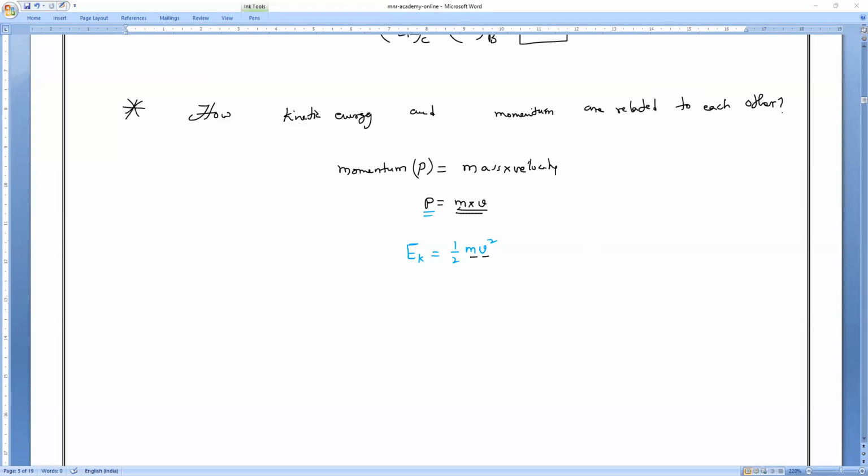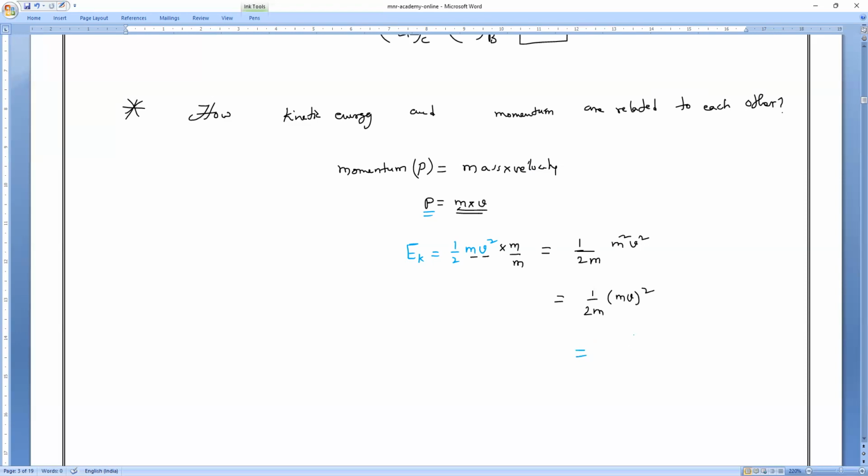So both numerator and denominator I am multiplying with the mass. It will turn into 1 by 2m into m square and v square. Now this I will write as 1 by 2m into mv whole square. Any problem, guys?